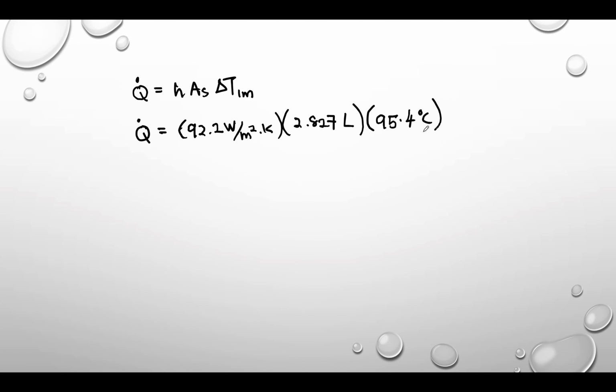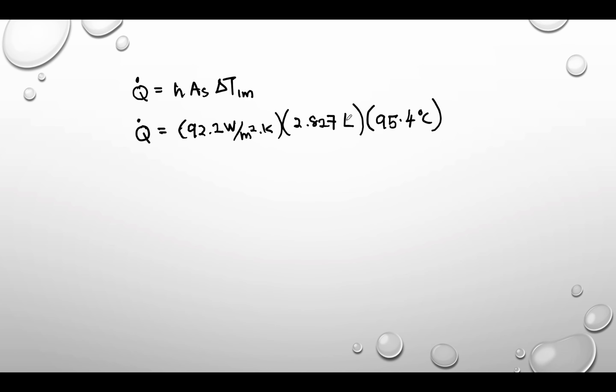From here, we substitute all the values calculated before. Our H is 92.2 watt per meter square Kelvin, and AS is 2.827 L times our delta T log mean, 95.4 degrees Celsius.